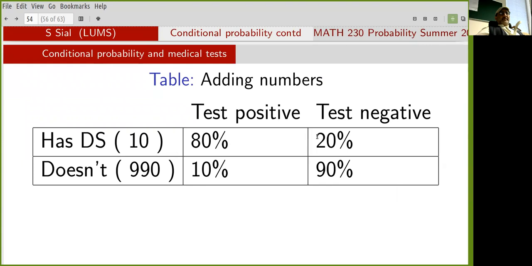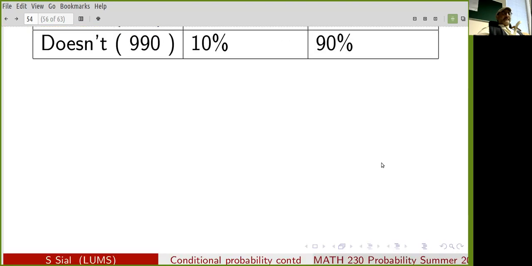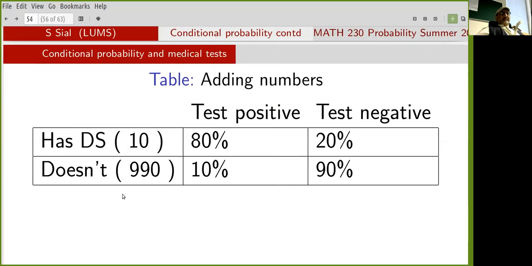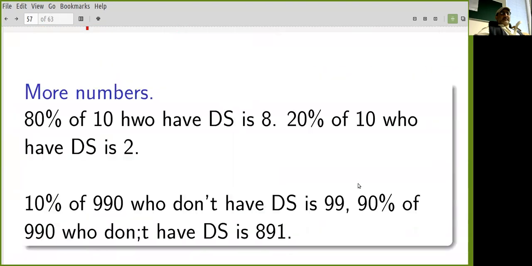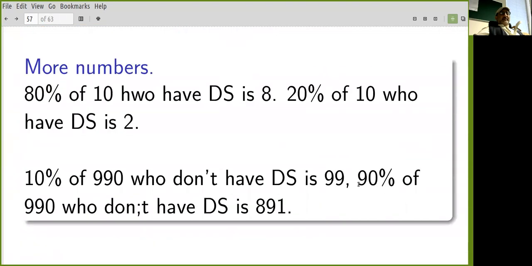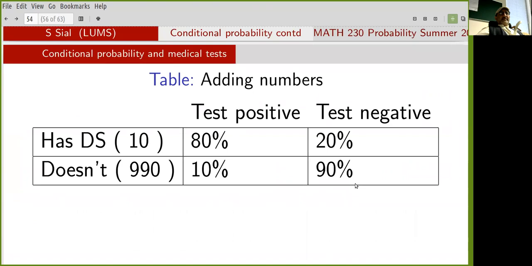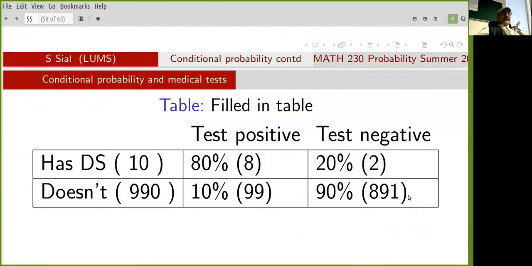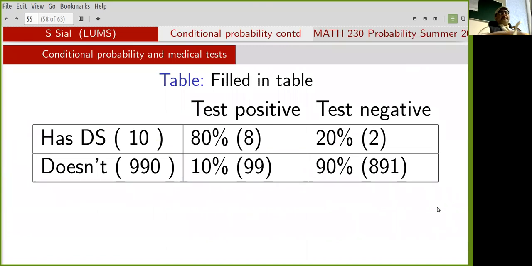So we could put 8 and 2 in brackets there. 10% of the 990 who don't have DS is 99, so we could put 99 in this box. And 90% of the 990 who don't have DS is 891. We could put 891 in that box. So you can fill that in.